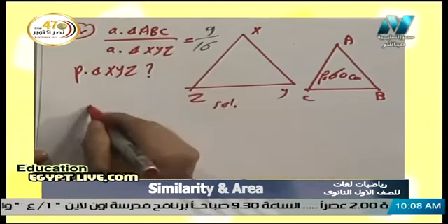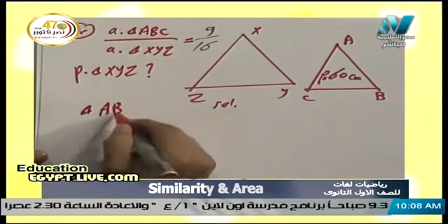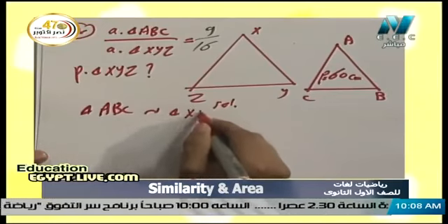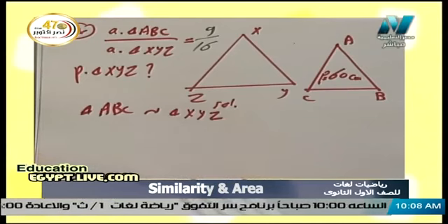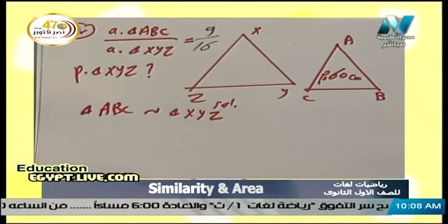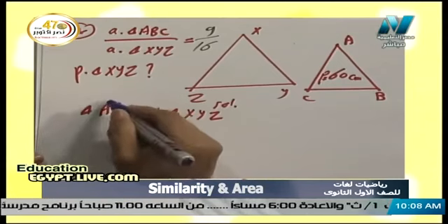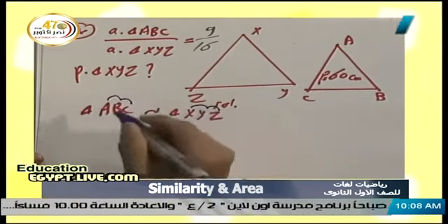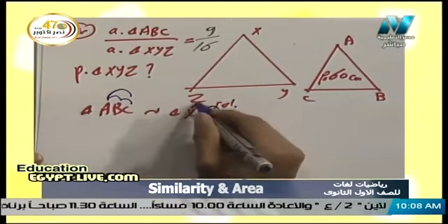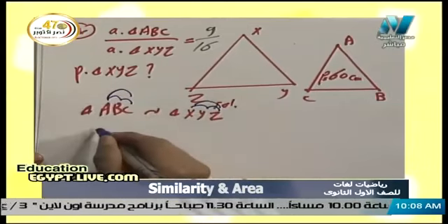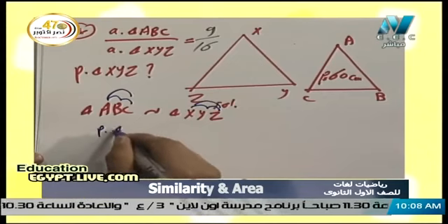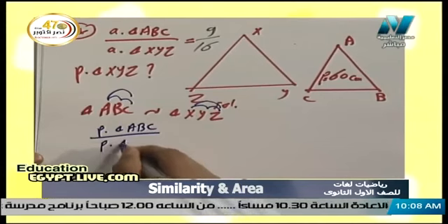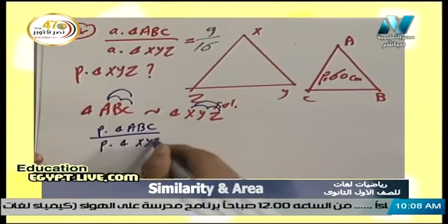We know that triangle ABC is similar to triangle XYZ, so AB over XY equals BC over YZ equals AC over XZ, which also equals the perimeter of triangle ABC over the perimeter of triangle XYZ.